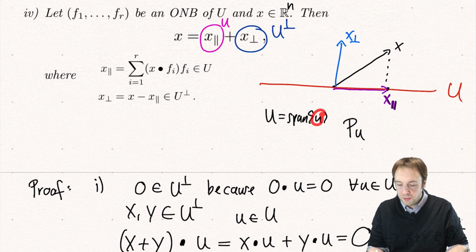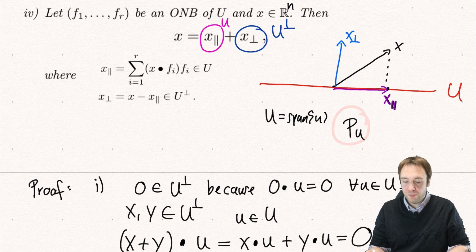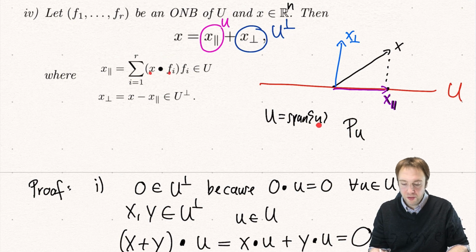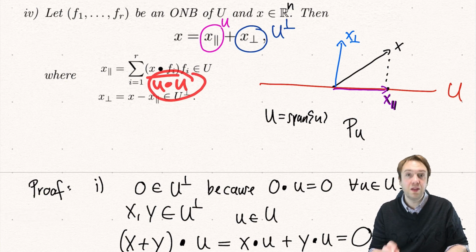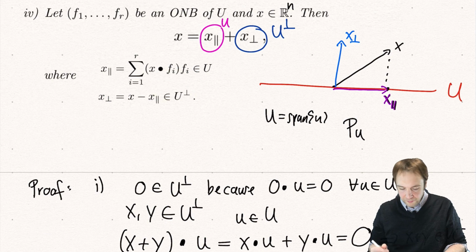So if capital U is just the span of some small u, and let's say this has length 1, then this would be an orthonormal basis of U. And then if you look at the formula for PU, which we calculated, we also just took the dot product of x with u times the vector u. And if u was not a unit vector, then we also needed to divide by the norm of u. But if u is an orthonormal basis, then this vector here is already 1 and we don't need to divide it out.